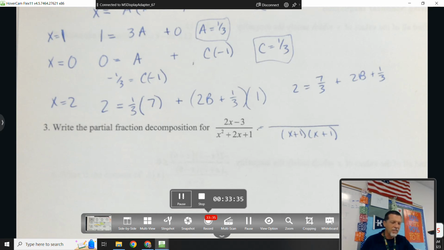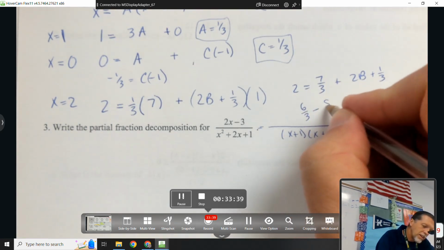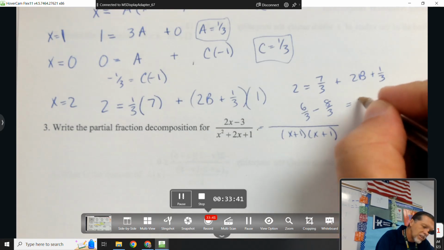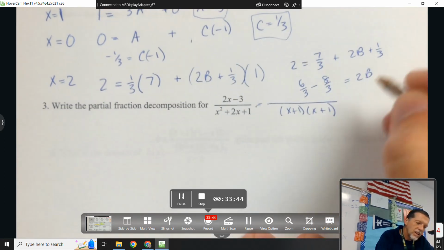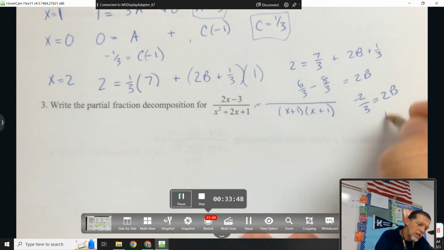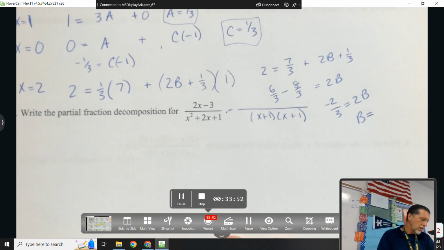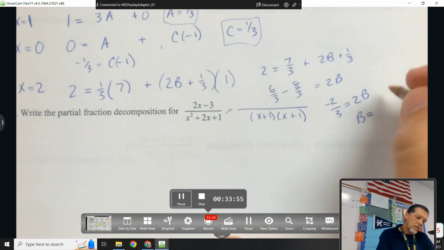2 minus 8/3. 6/3 minus 8/3 is -2/3. Should have written smaller from the get-go. So b is -1/3.